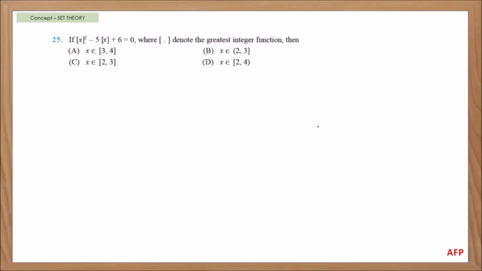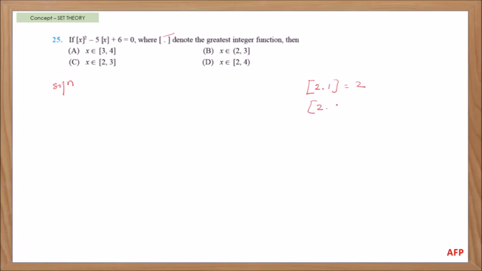Next question. Solution. One quadratic equation is given. This box denotes the greatest integer function. So what is the greatest integer function? If you take 2.1, you get the integer 2.